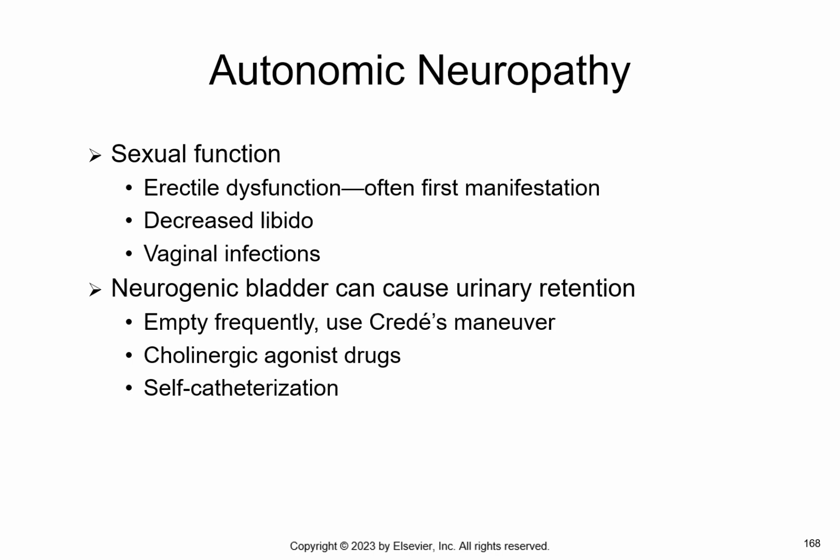Emptying the bladder every 3 hours in a sitting position helps prevent stasis and infection. Tightening the abdominal muscles during voiding and using the Credé maneuver, a mild massage downward over the lower abdomen and bladder, may help complete bladder emptying. Cholinergic agonist drugs such as bethanechol may be used. The patient may need to learn self-catheterization.